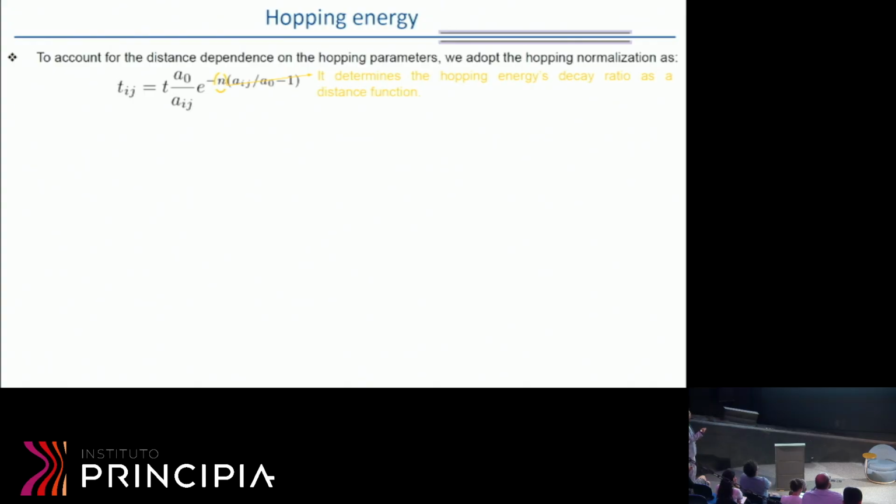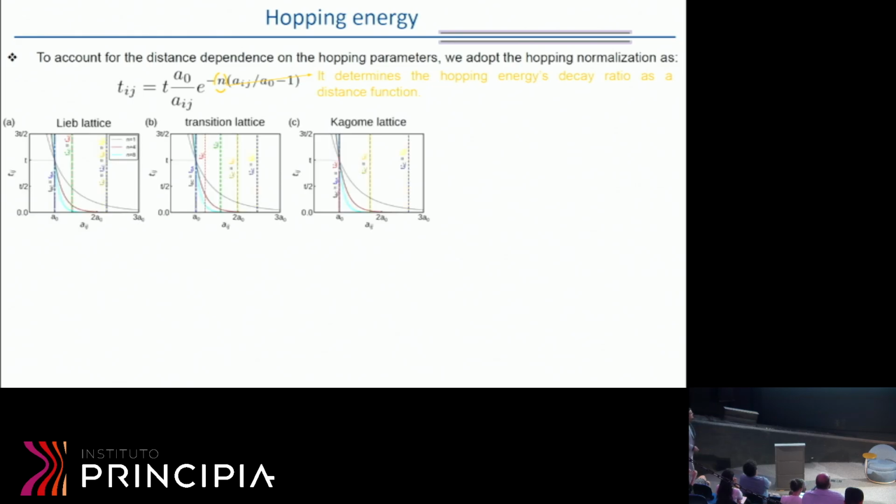So we play with this to see which one is more convenient. And we plot the hoppings as a function of the distance for different n, seeing the first and the second nearest neighbor hoppings, noting that this one is the first nearest, and here is the next nearest.